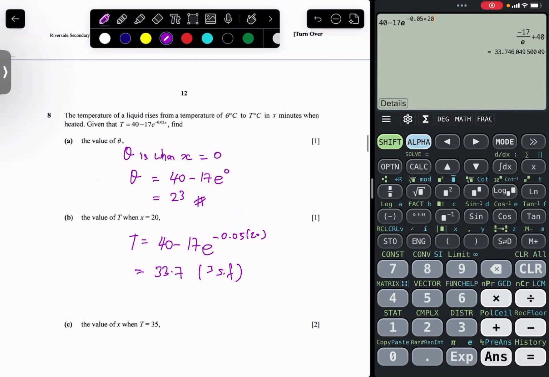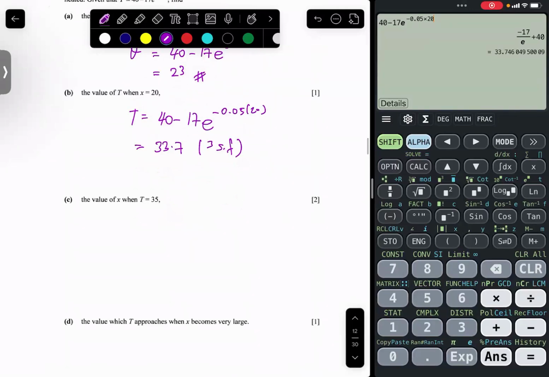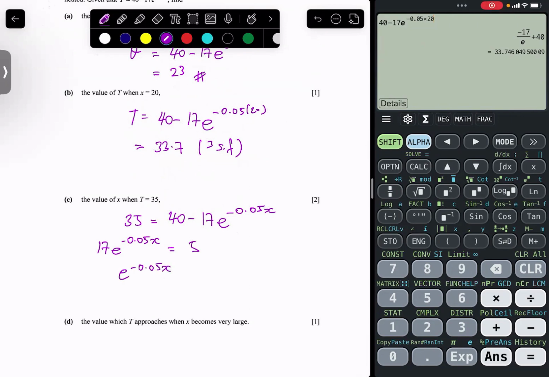The value of x when T equals 35. So 35 equals 40 minus 17e to the power of negative 0.05x. Isolate: 17e to the power of negative 0.05x equals 5. So e to the power of negative 0.05x equals 5 over 17.